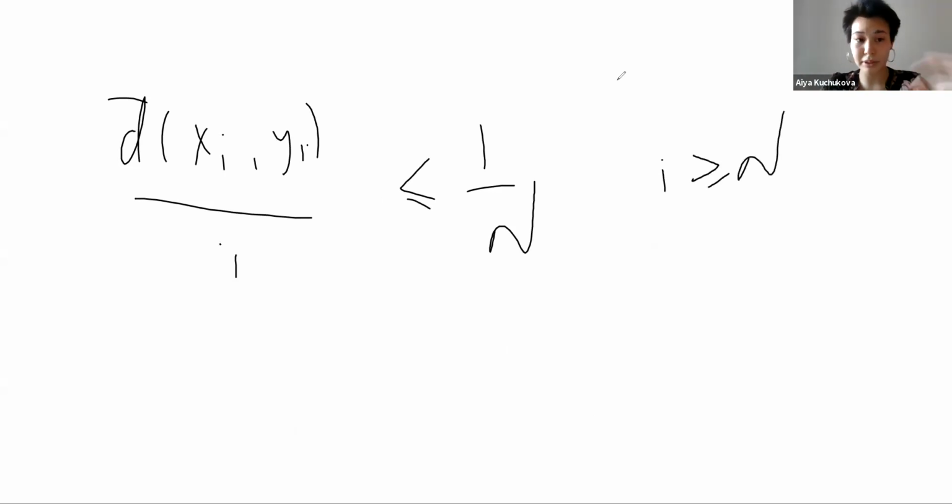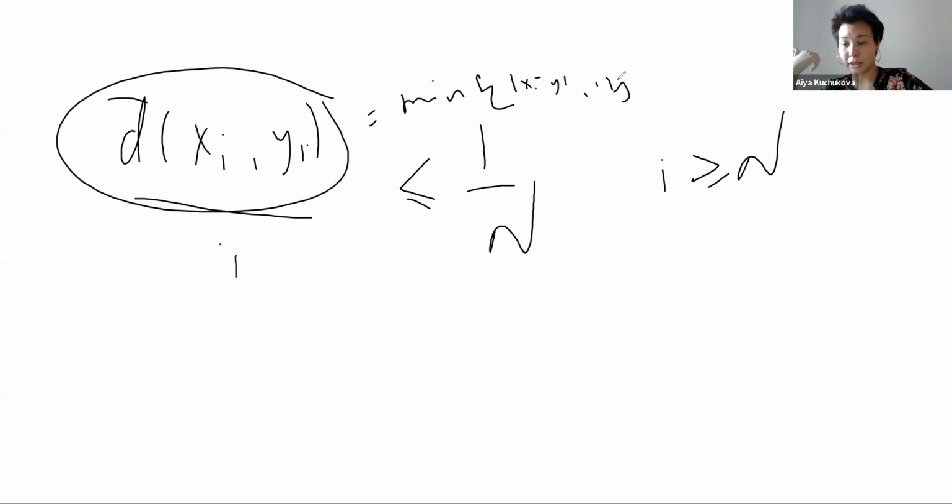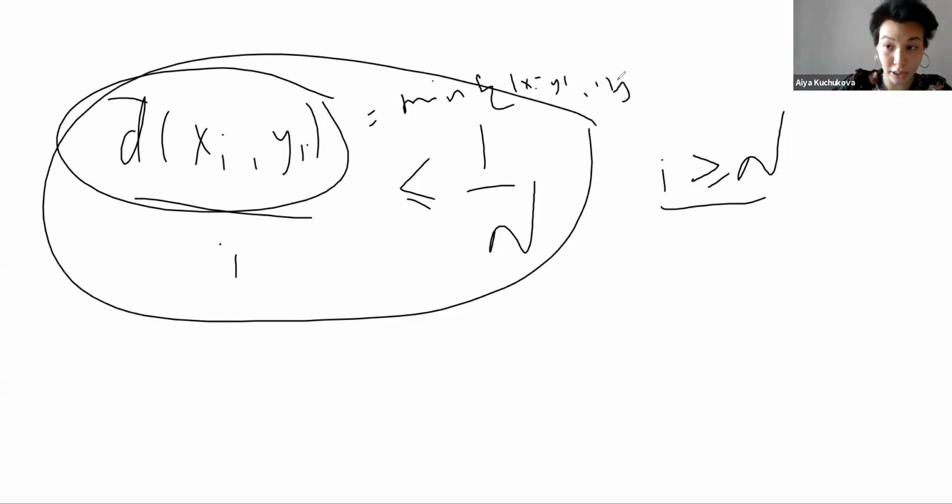Why is that true? Because we know that this is defined to be a minimum between |x_i − y_i| and 1, right? So it's maximum 1, and we divide it by i, and we take i to be bigger than n. So of course, all the thing would be less or equal to 1 divided by n, right?